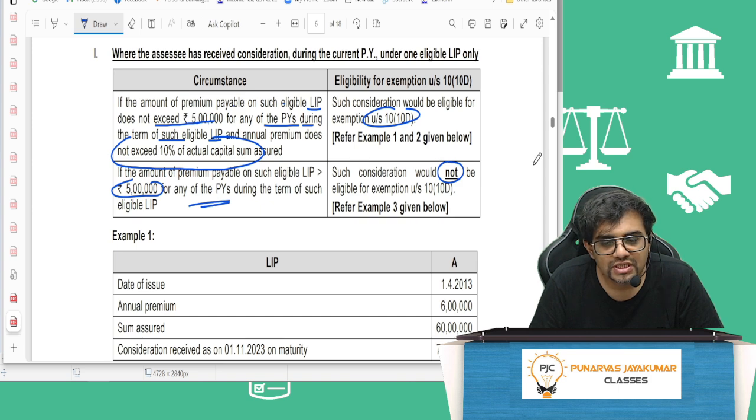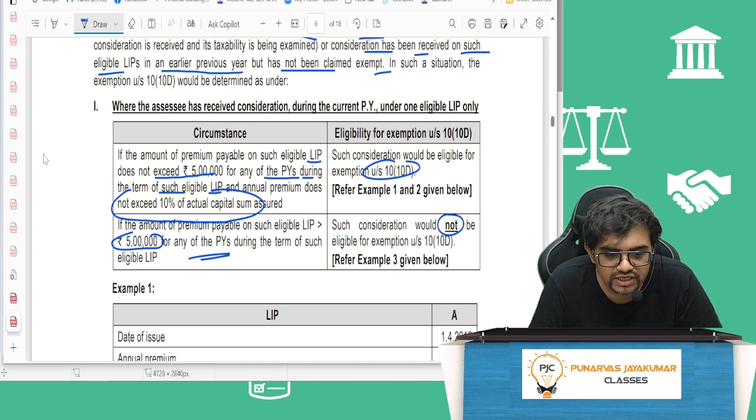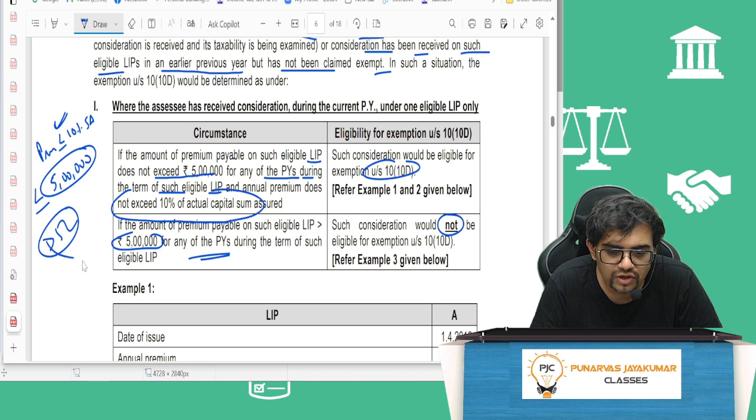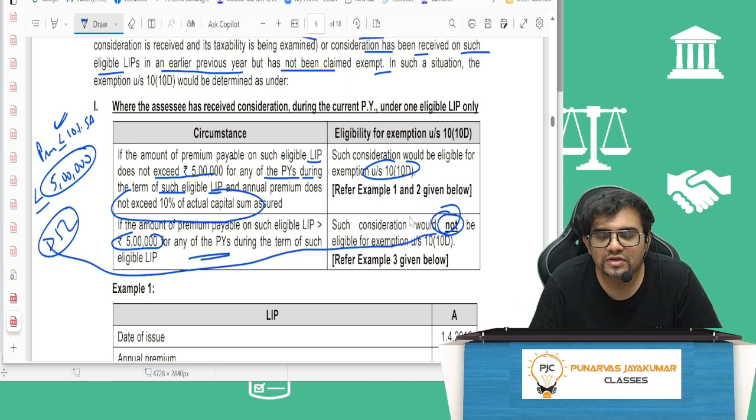So guys, you should fulfill the first condition: premium should be less than or equal to 10% of sum assured. If this condition is satisfied, next you see whether your premium exceeds 5 lakh. If it is less than or equal to 5 lakh, no problem. The moment it exceeds 5 lakh rupees, gone. You will not be eligible for any exemption.